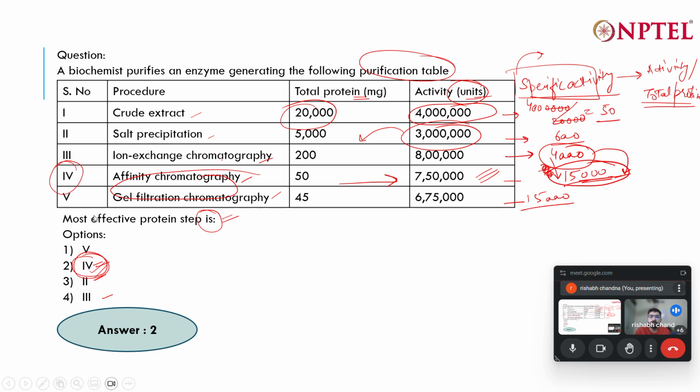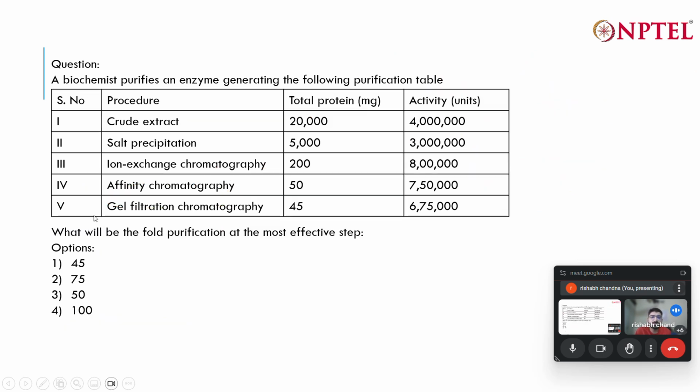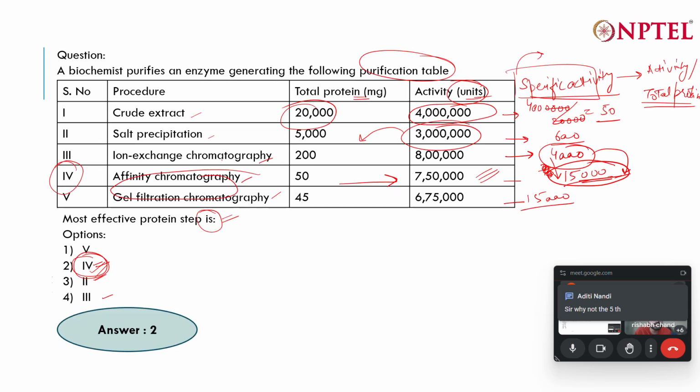So let's move forward. This is a similar type of question. We have to check from where the specific activity increased and reached the maximum. If the specific activity of the fifth step, for example, jumped to 20,000, then the most effective step would be the fifth one rather than the fourth one.